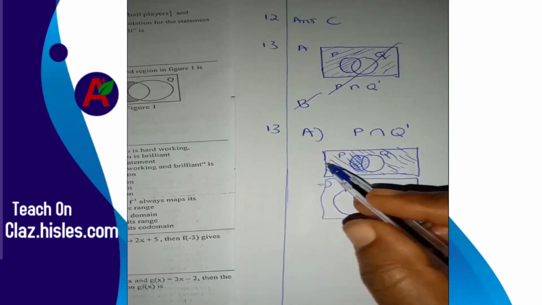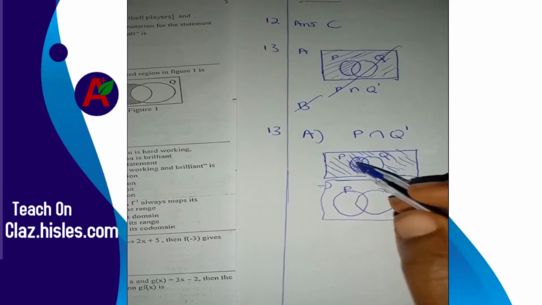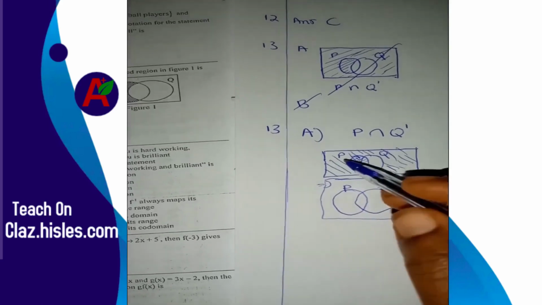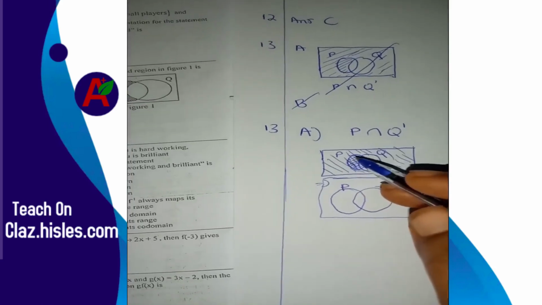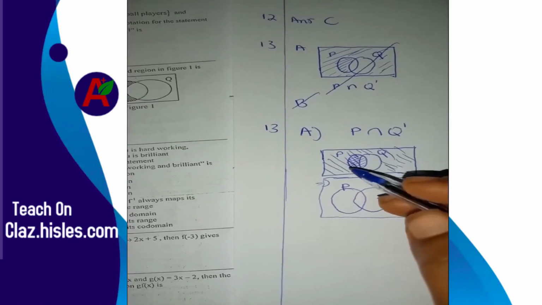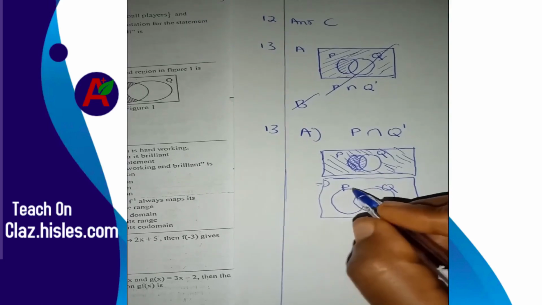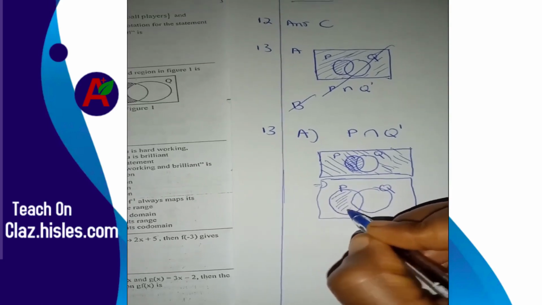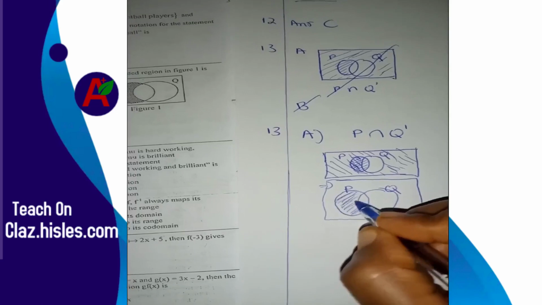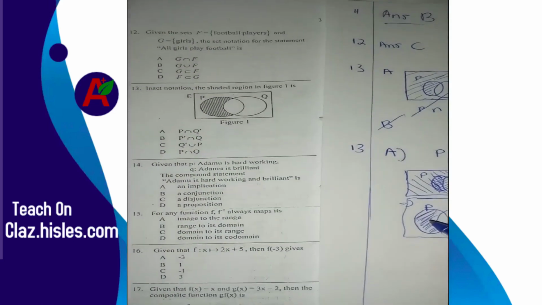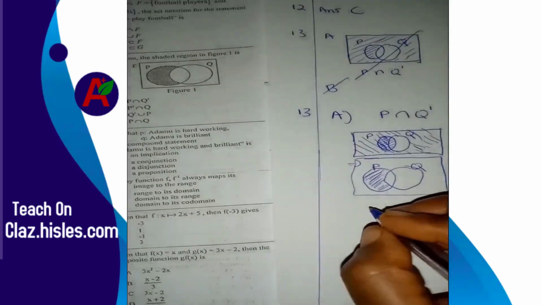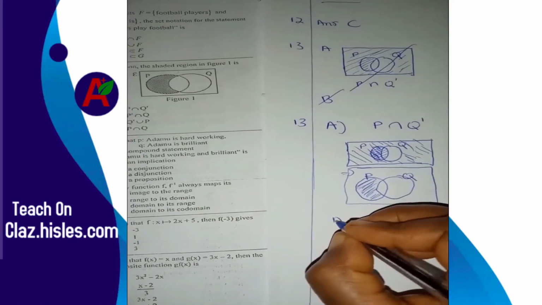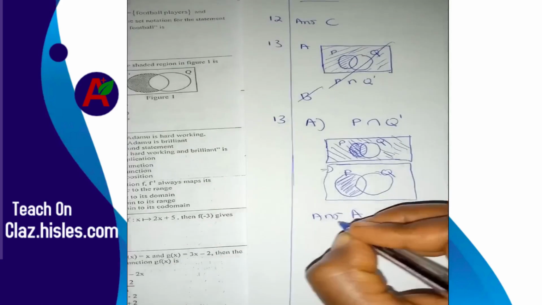If it was union, all our arrows would be in the same direction. But since it is intersection, we do the first in the same direction and the next in the opposite direction, and where the directions meet each other, that's our intersection. So P intersection not Q is this area. Is that the shaded region? Yes. So the answer to number 13 is A.